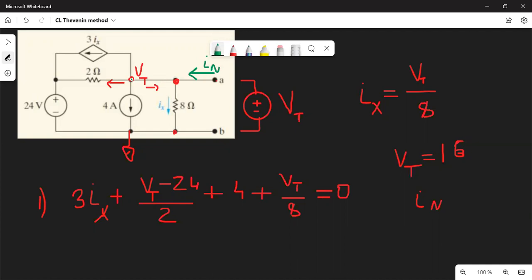It comes here and divides at this point into three parts: one going up, one going straight, and one going down. So basically, IN is equal to 3ix, according to Kirchhoff's law, plus the potential difference between two points, Vt minus 24, or just Vt, plus 4 amperes.